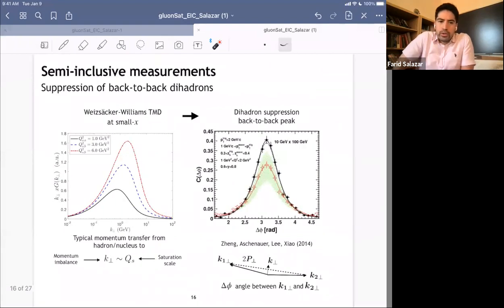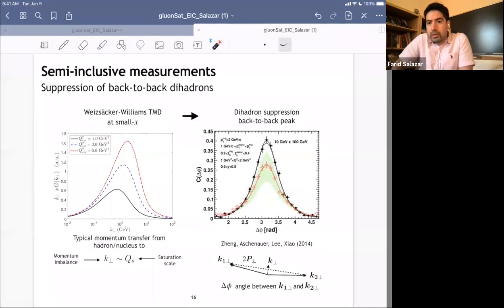Now, there are also the semi-inclusive measurements. One of them, which has been promising, is this dihadron suppression that is expected to be observed at the EIC. So one compares what happens in proton DIS and nuclear DIS. This is similar to the observable that I showed you a few slides back.